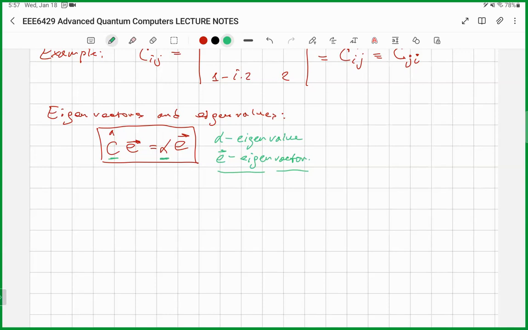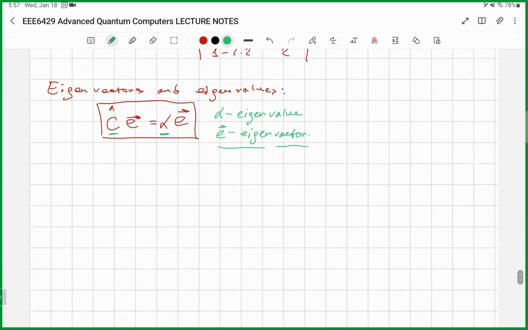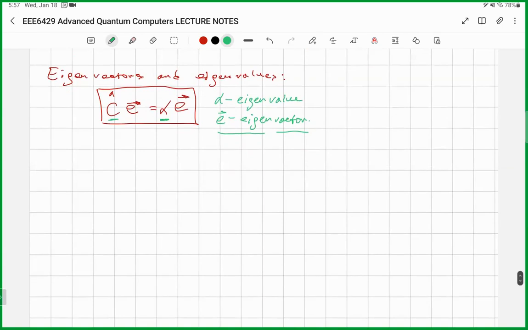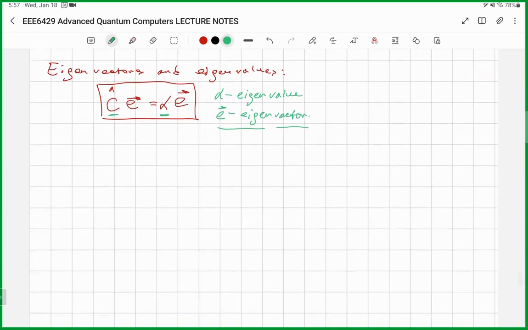This value can be, of course, complex, and this quantity alpha is called the eigenvalue of the operator, or eigenvalue of a matrix.